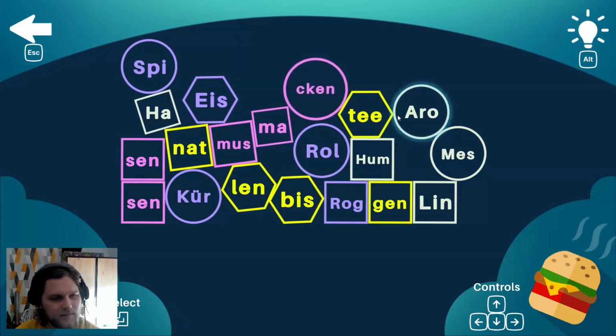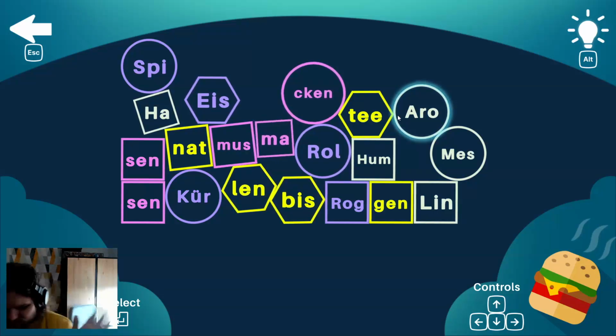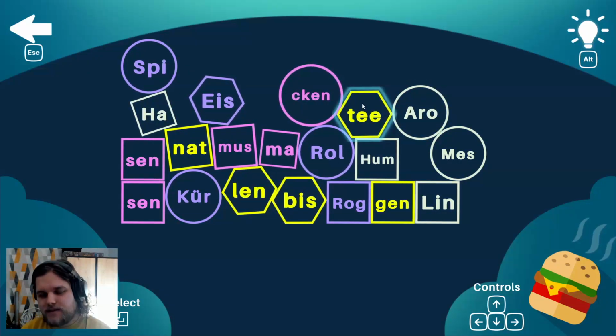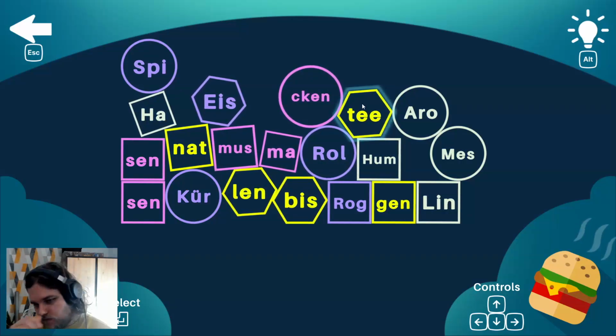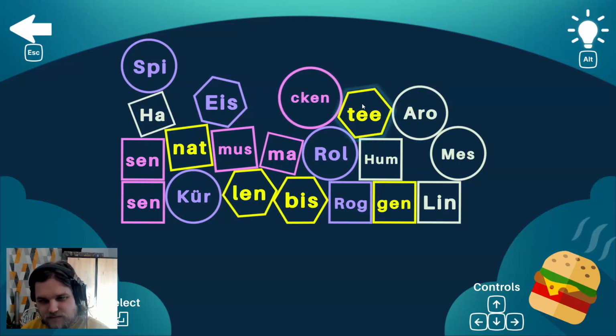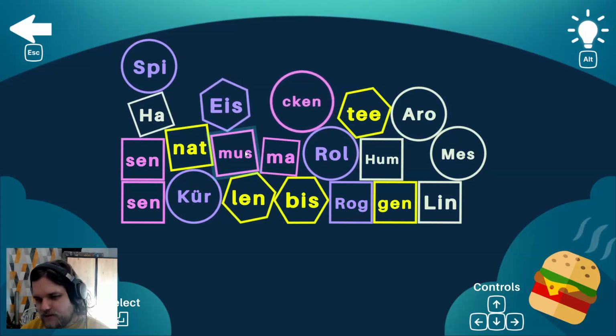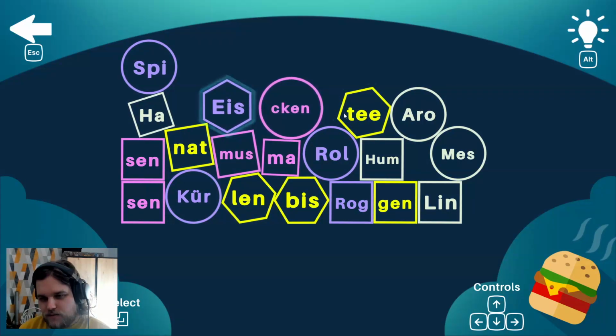The fewer syllables I have, the more likely it is that I will complete it without the hint. Let's check. Mustard? No, I don't think I have most with the capital letter, so let's see.